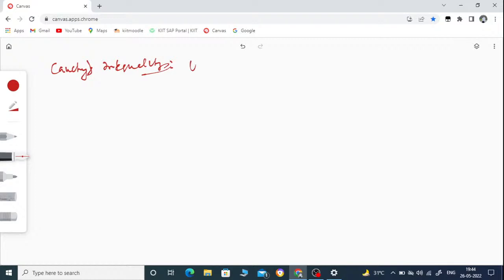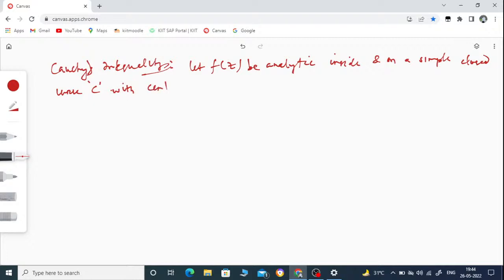Let f of z be analytic inside and on a simple closed curve C, with center z0 and radius R. Okay.